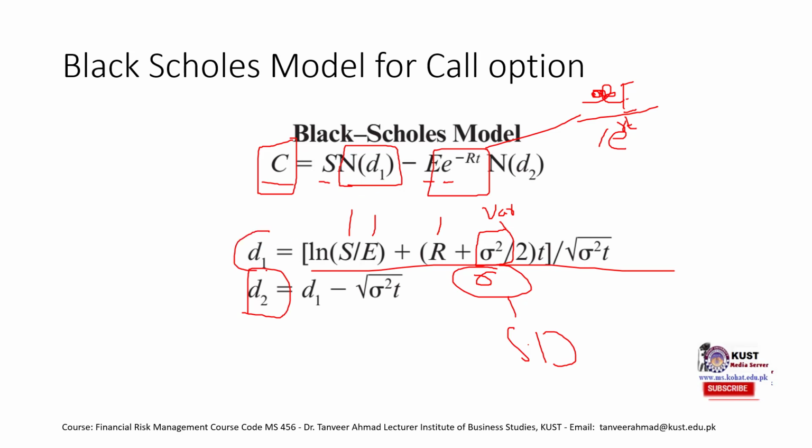So when we take the tabulated value of d1, that would be N(d1), right? So this N(d1) is nothing but the tabulated value of d1, and N(d2) is nothing but the tabulated value of d2.